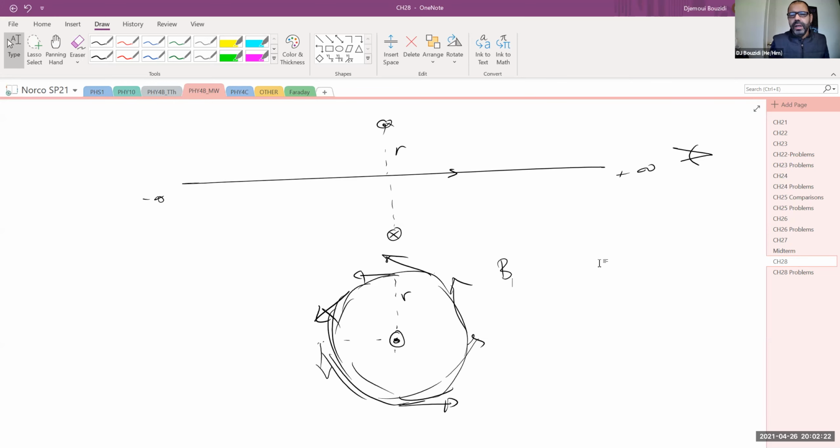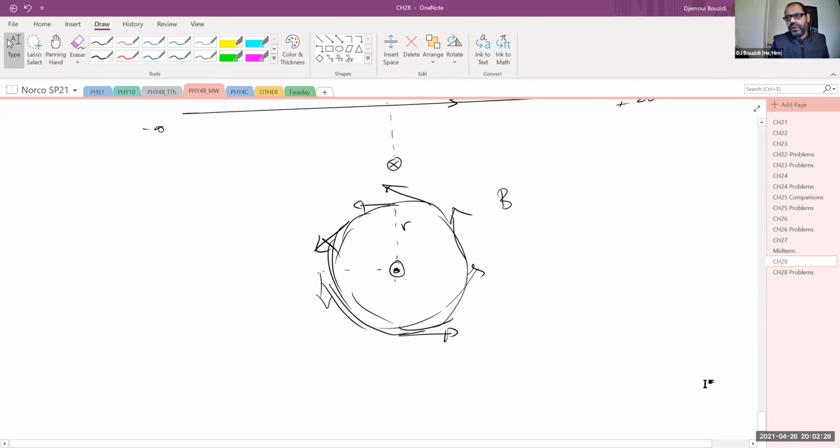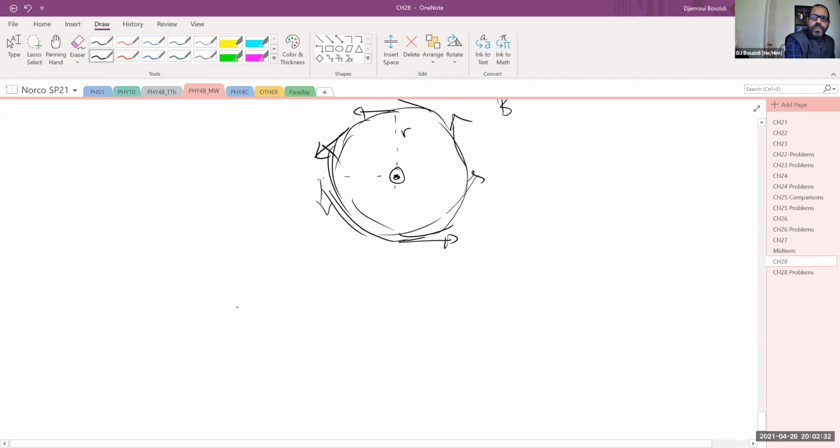So I'm going to define the circulation. It's basically this thing, the circulation as the path integral over a closed path of any vector B dot dl, where dl in this case is along the path, okay?